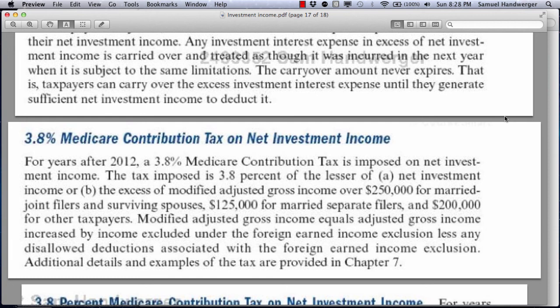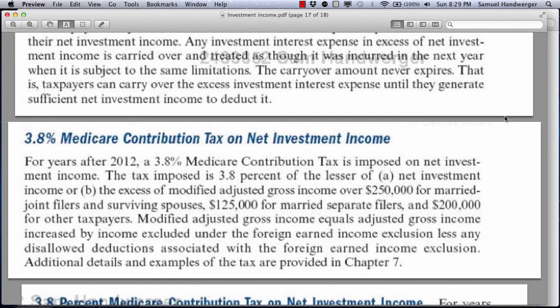Here it tells you in this paragraph, modified adjusted gross income equals adjusted gross income increased by income excluded under the foreign earned income exclusion, less any, well, I don't think we're going to learn that too heavily in this course. But you now know that when you see the words modified adjusted gross income, you have to find out what is being modified.